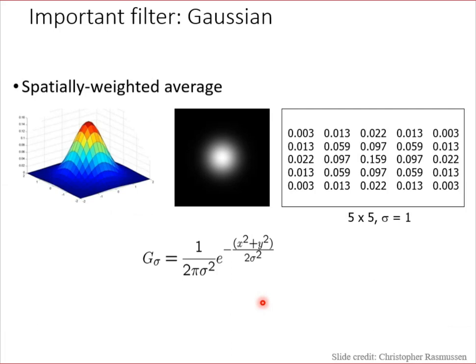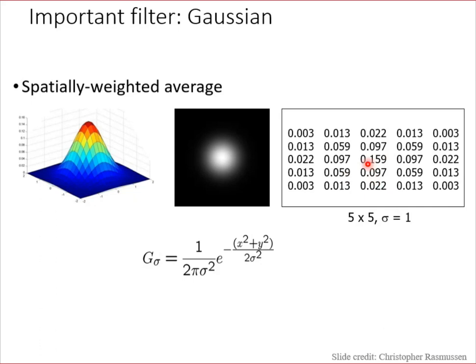Okay, and of all linear filters, one is very important and widely used. It is the Gaussian filter. Do you know Gaussian distribution or normal distribution? They are the same. And for 2D, this is the distribution of the normal Gaussian in 2D space. And the sigma here is the radius of the kernel. So if I say this is a 5 times 5 filter and the sigma value is 1, then this is the generated result.